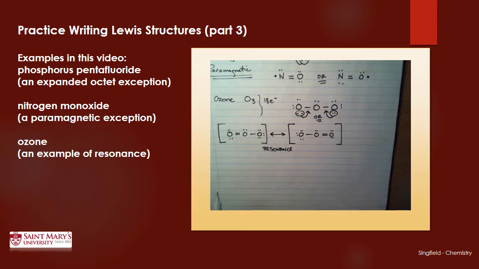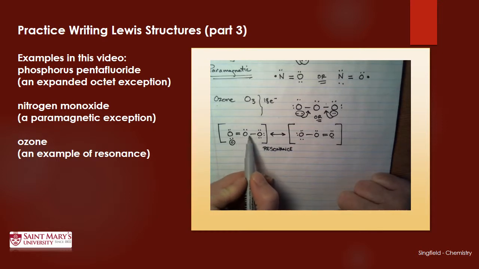And let's write the formal charge. And let's do it in our head this time and just write it in. So oxygen, 6 minus 1, 2, 3, 4, 5, 6. Oxygen, 6 minus 1, 2, 3, 4, 5. 6 minus 1, 2, 3, 4, 5, 6, 7.